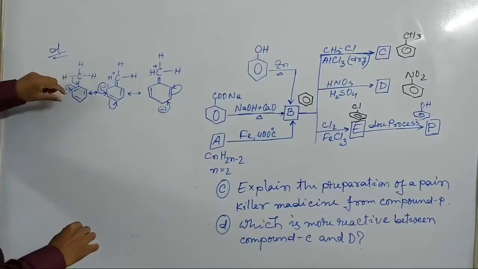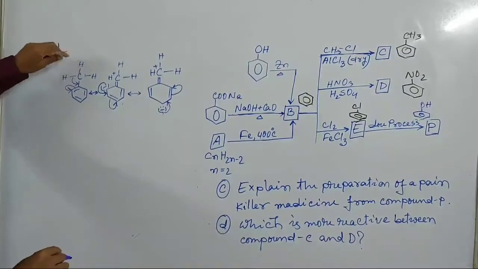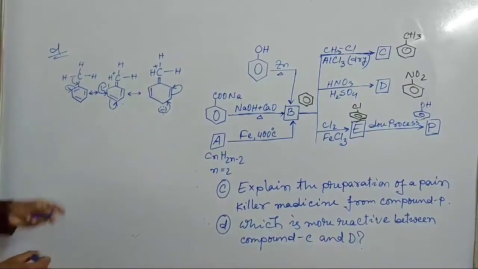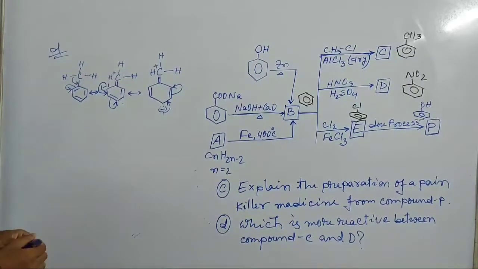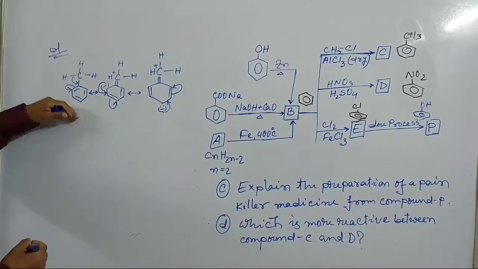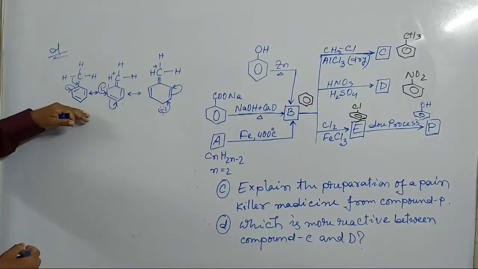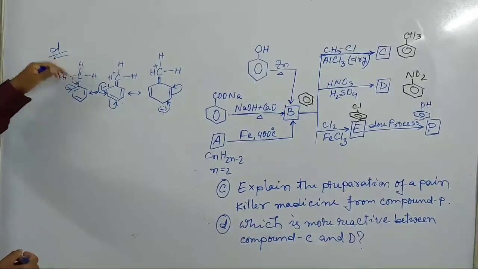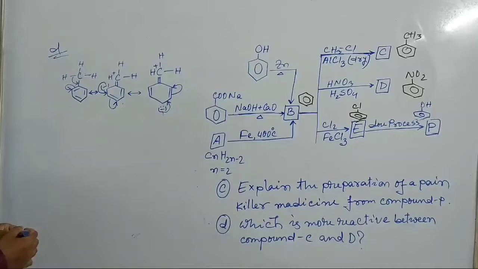In case of toluene, the electron donating methyl group is directly bonded with the benzene ring, and the methyl group donates electrons to the benzene ring.